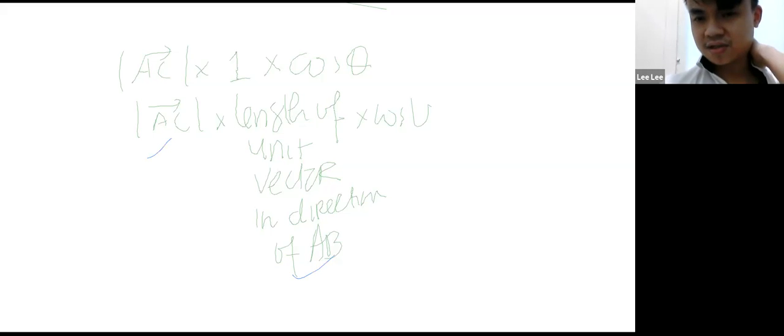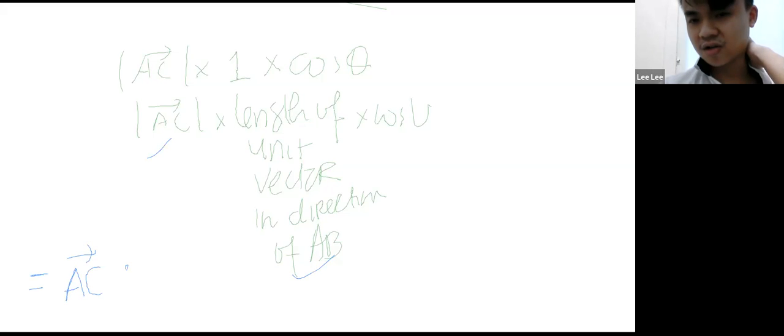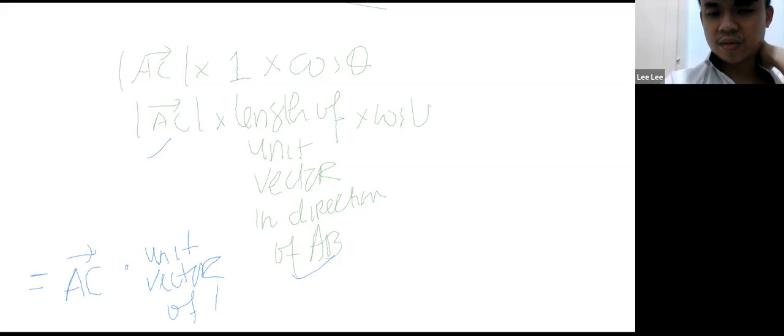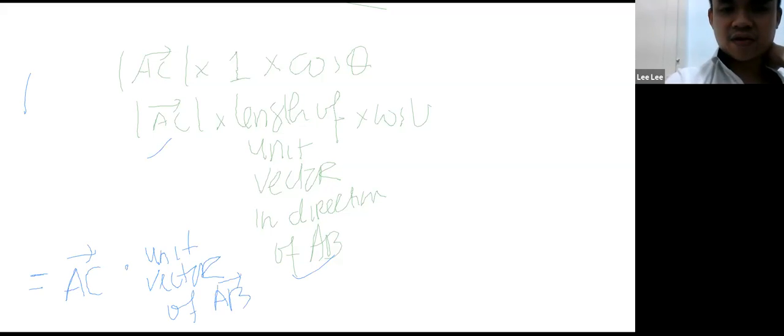So now you have length times length, right? It can be replaced with what? The vector of AC dot the vector that you are talking about. What vector are you talking about? Unit vector of AB. That's why this one is already equal to the length of AX.